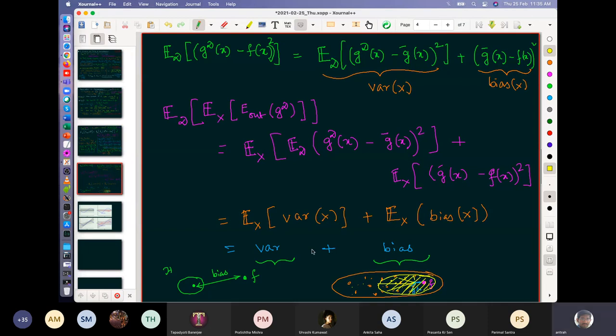So regarding the efficacy of the algorithm with respect to the hypothesis set, if you complicate the hypothesis set, your bias will obviously be reduced because your f will now be contained inside it, so your best hypothesis can connect to it easily. Whereas the alarming situation is that variance will be very high, because you need to search through and get a point here.